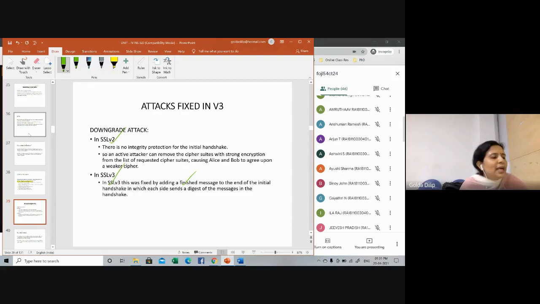For example, say I am the server and I'm currently supporting TLS version 1.3, and I get a connection from a client which says that it supports only TLS 1.2 or lower, whereas the server is supporting version 1.3.